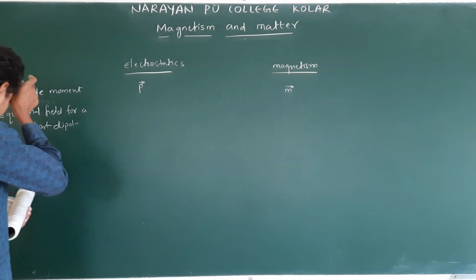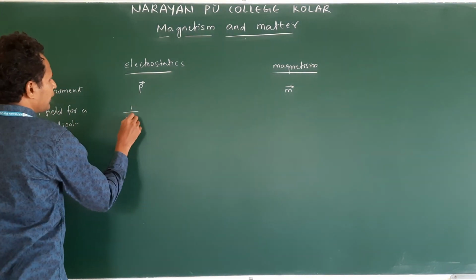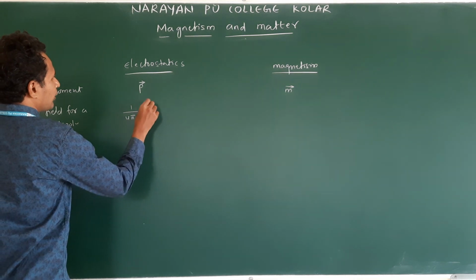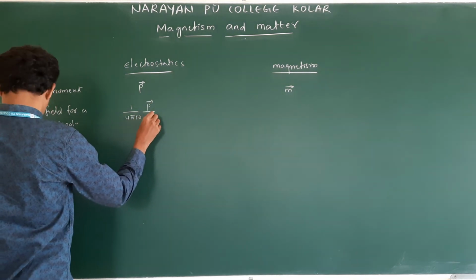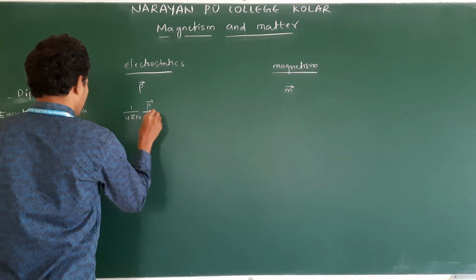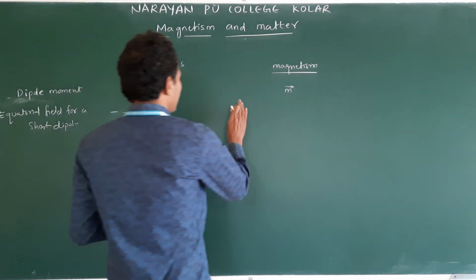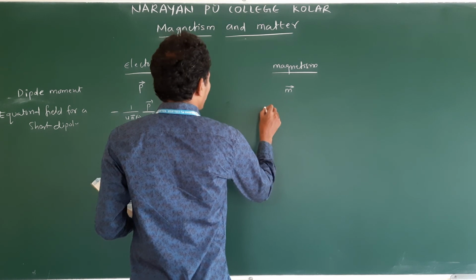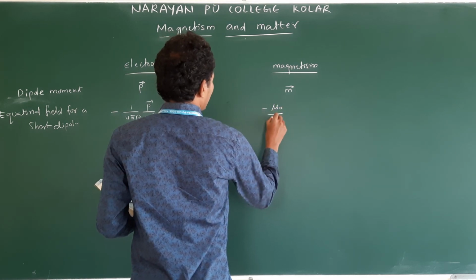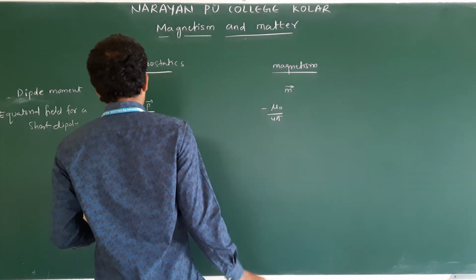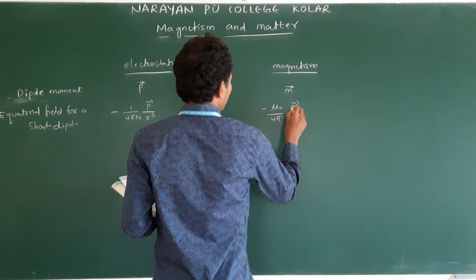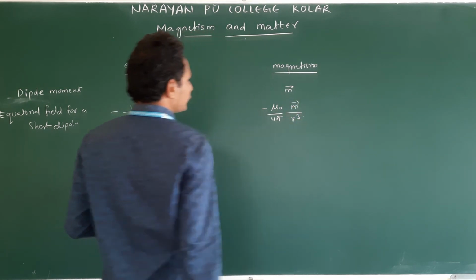What is that? 1 by 4 pi epsilon naught, p by r cube. This is minus because the dipole moment and field act oppositely. Here mu naught by 4 pi, m by r cube.